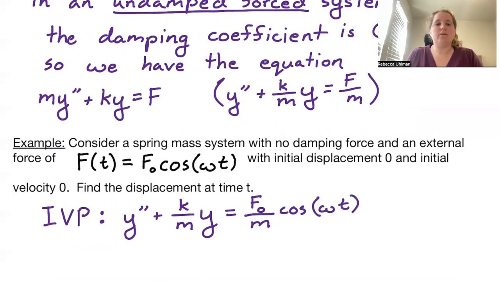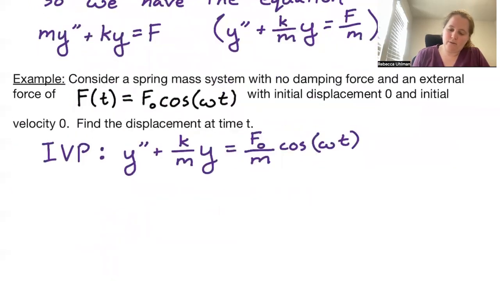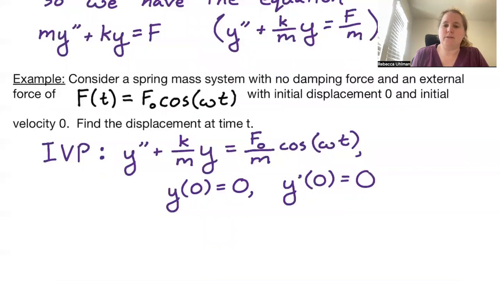If we divide the original equation by m, we wind up with our force divided by m on the right. And then we have y of 0 is 0, and y prime of 0 is also 0. So this is our IVP.